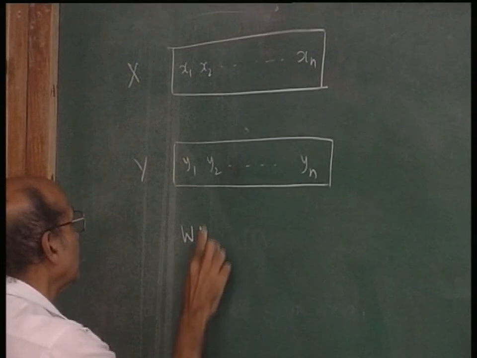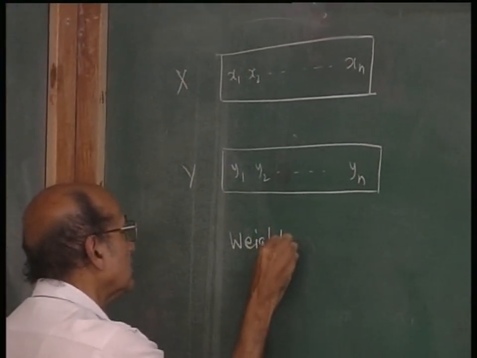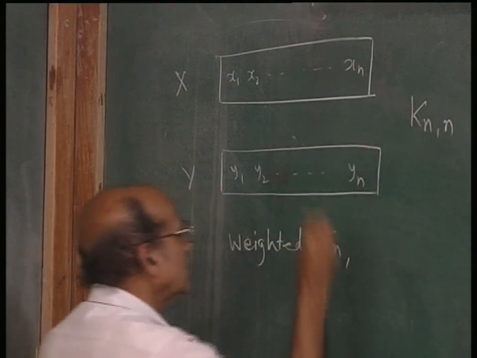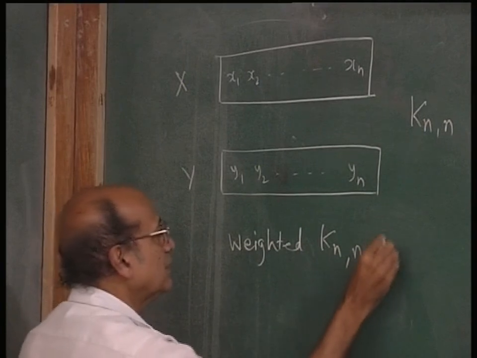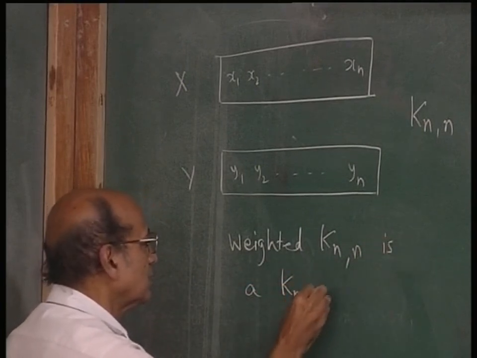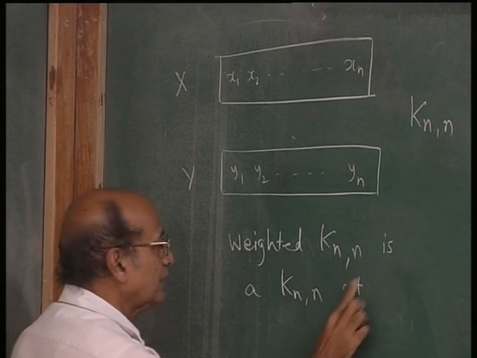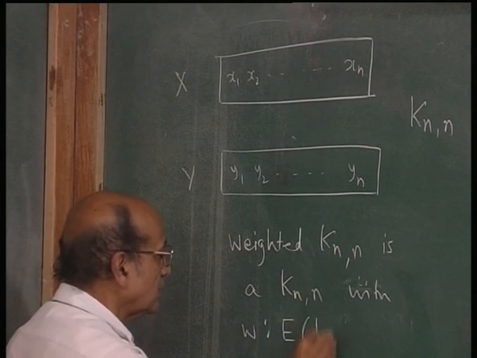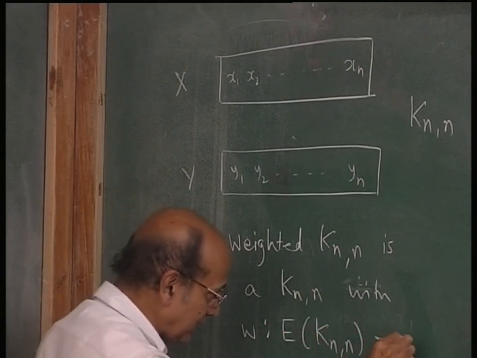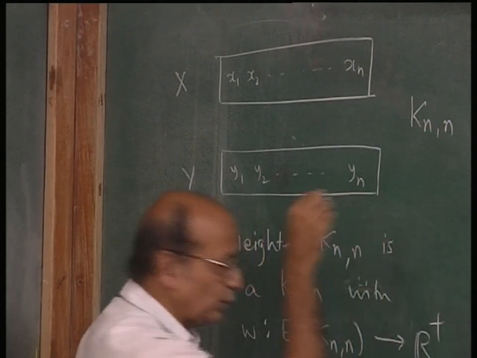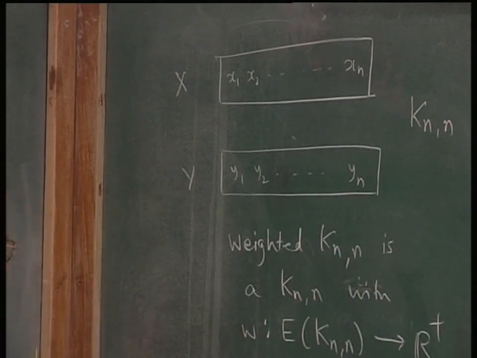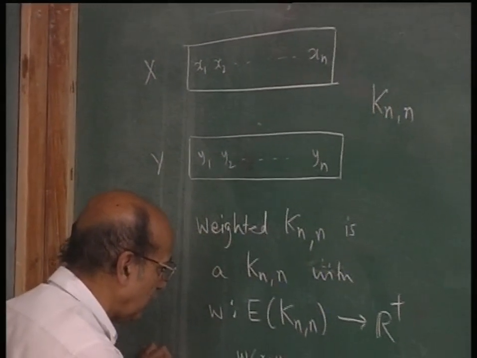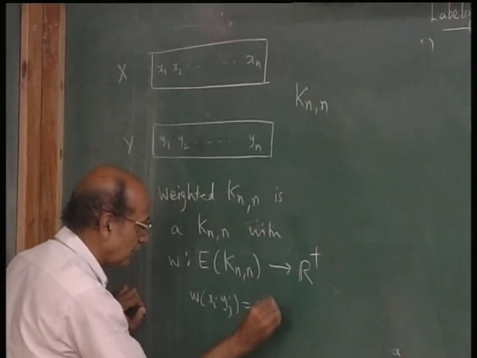W is a function, so this is a complete bipartite graph with a function w which tells you the mapping from the edge set to non-negative real numbers. Weight of the edge xi yj is wij.